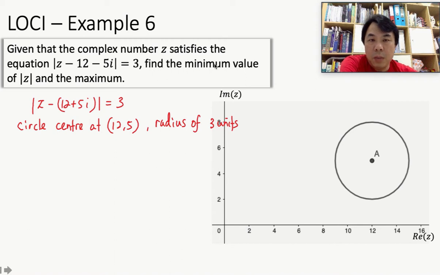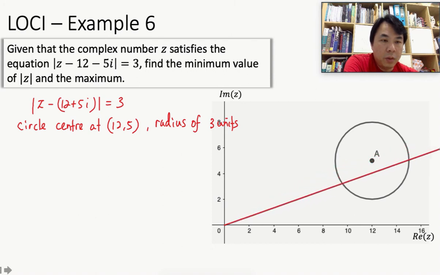So we are about to find the minimum and the maximum value of the absolute value of z. When they say minimum or maximum value of z, they are indirectly saying the minimum distance from the circle itself to the origin. So just let me show it to you here.